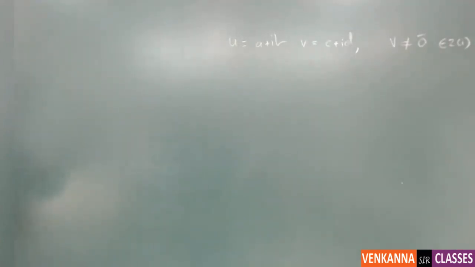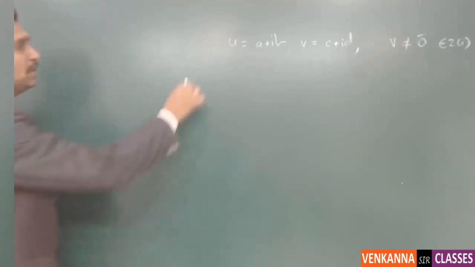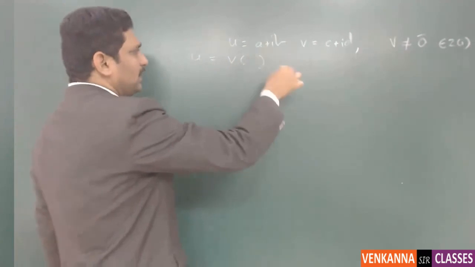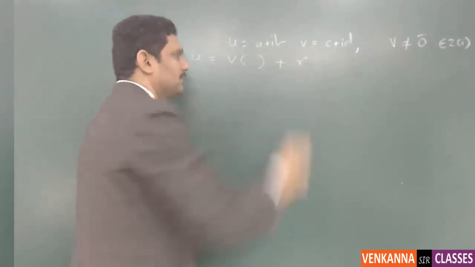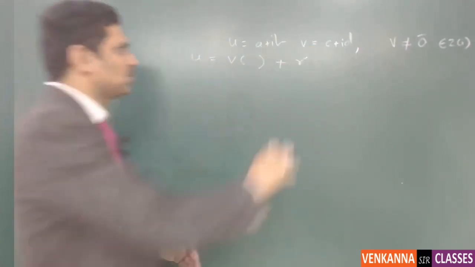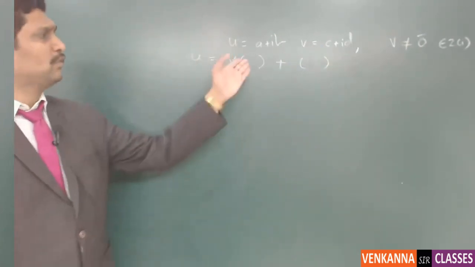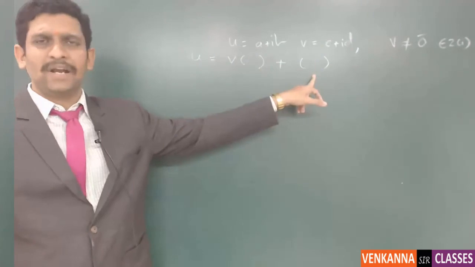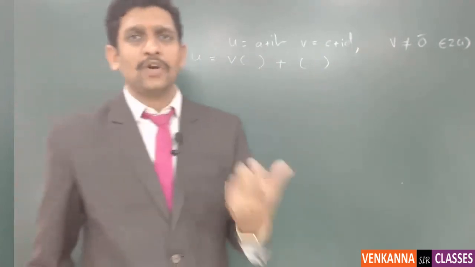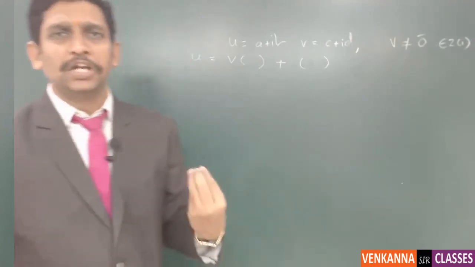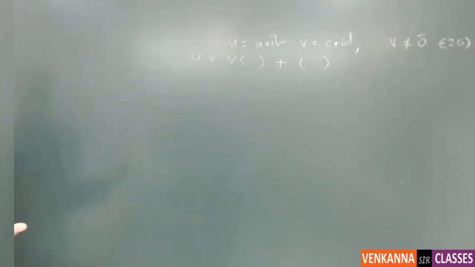Our intention here is to write u = v into something plus r. This is the quotient, and this is the remainder. Either the remainder is 0 or d(r) is less than d(v). That we need to bring out as a relation.